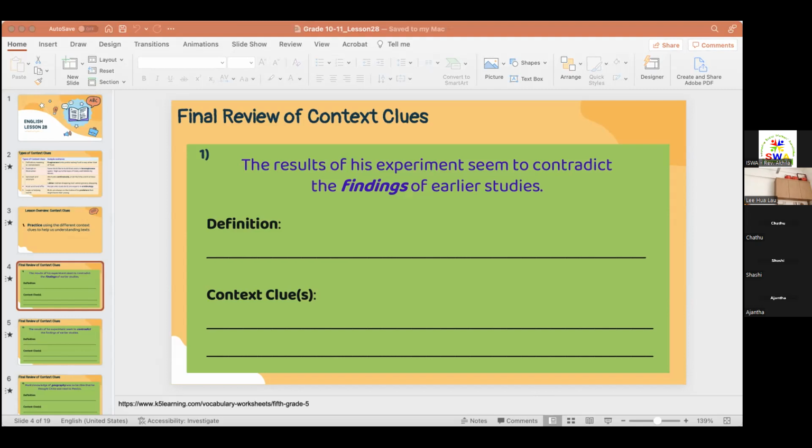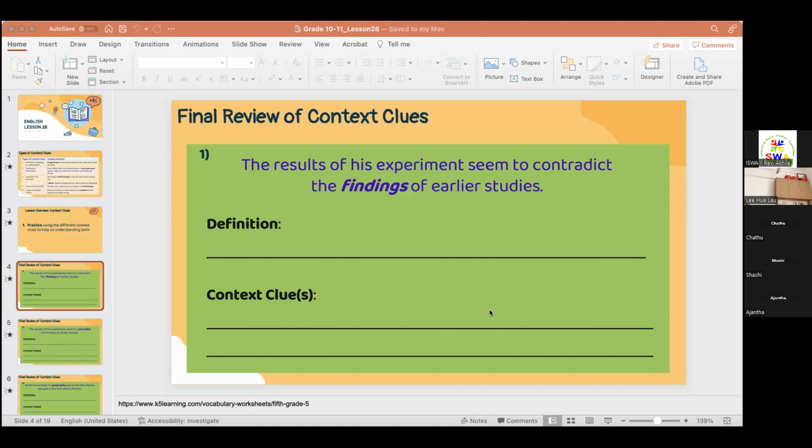Okay. Sashi said searching, and Buhumi, sorry, I couldn't hear you just now. What do you say? Searching for something or someone. Okay. So how do you find out which word in the sentence gives you the clue to the meaning of findings?